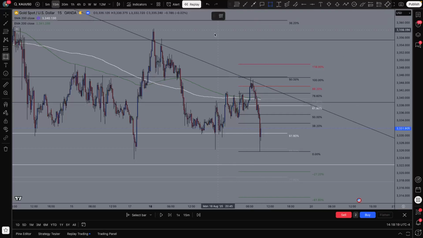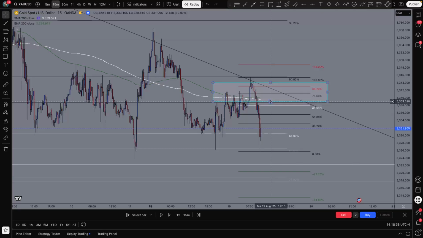So my zone, I decided to start it from this wick right there. As you can see, there's a lot of movement on that price. From there to around here, that was probably the perfect zone.